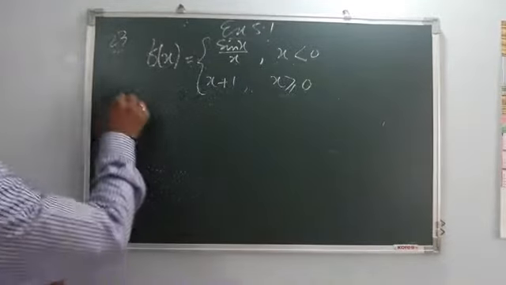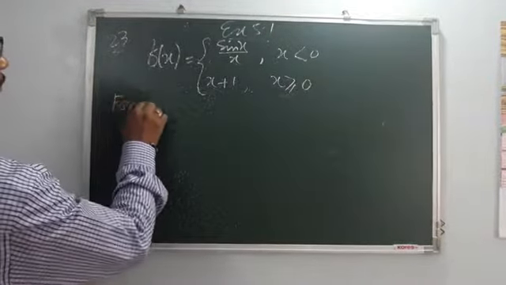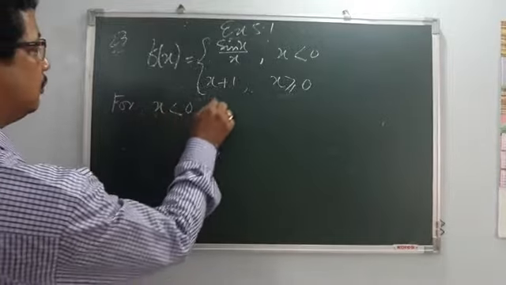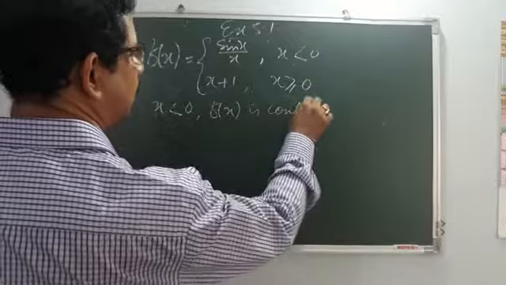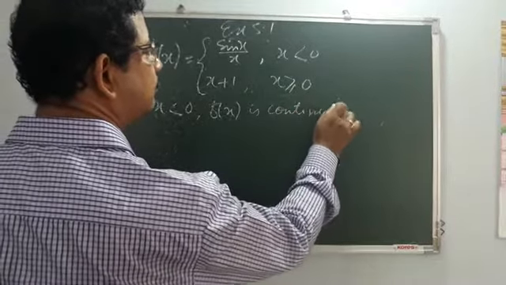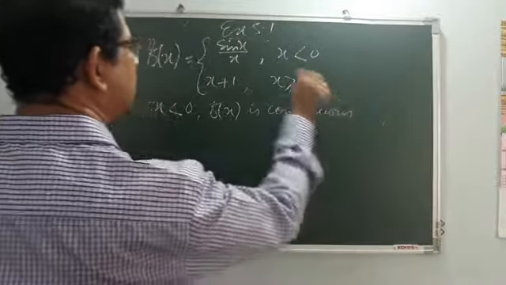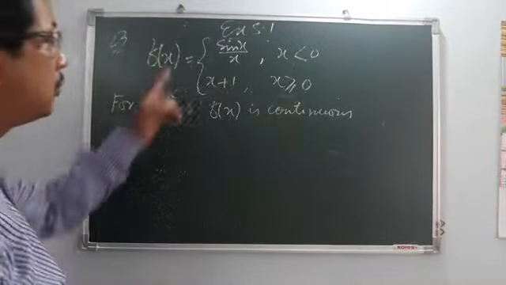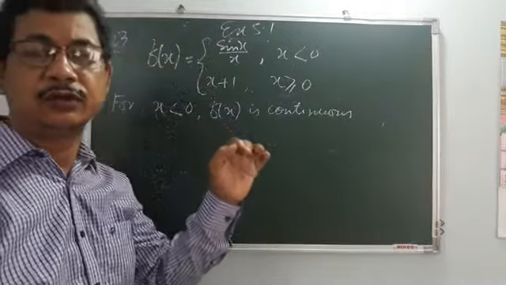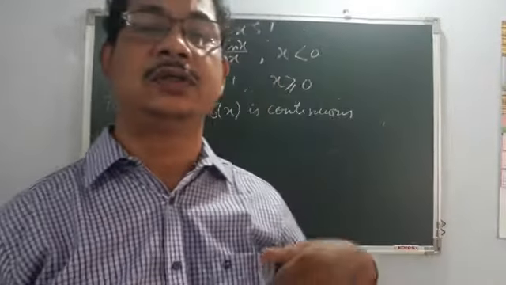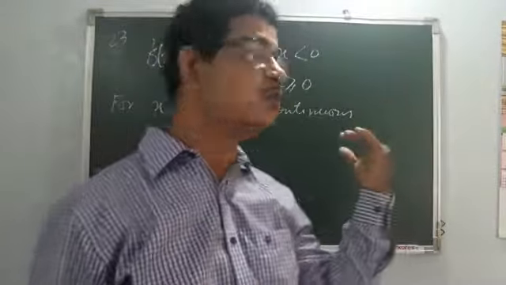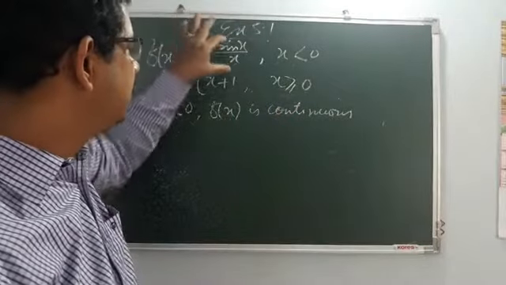So we write, for x less than 0, f(x) is continuous. Why continuous? Because sin x is a continuous function, x is also a continuous function. If we divide a continuous function by another continuous function, then the resultant function is also continuous.